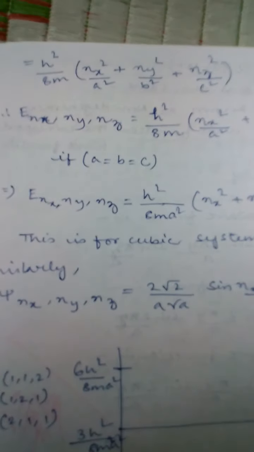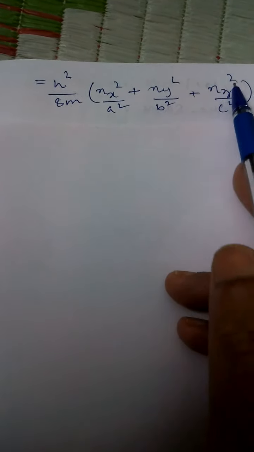So after this simplification, we get this expression E equals h square by 8m, nx square by a square plus ny square by b square plus nz square by c square. So this is the case for the energy eigenvalue for the three-dimensional box potential problem.